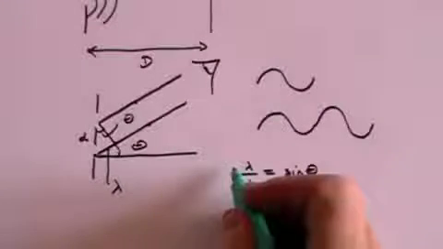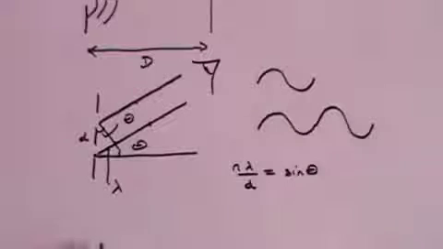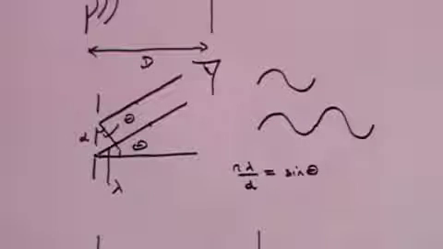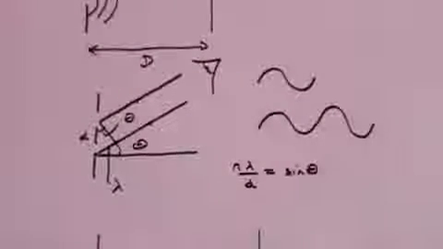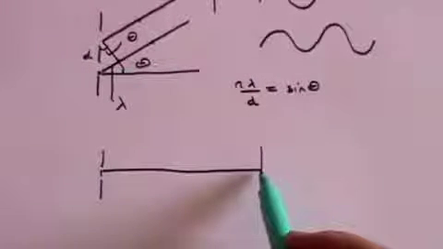And so you can have not lambda, but n lambda, where n is any whole number integral. And that means, of course, that if you look at the experiment, here's the double slit, here's the screen, you will certainly get a fringe. Let me draw it. You will certainly get a fringe here.